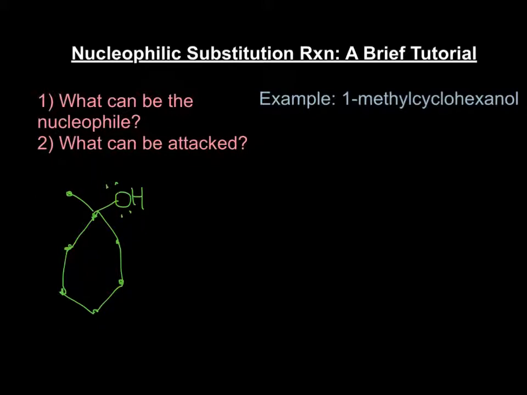Remember, HBr in the presence of alcohols and water really looks like H3O plus and Br minus. So I'm going to draw it as such. And I'll try to use a different color for the acid.